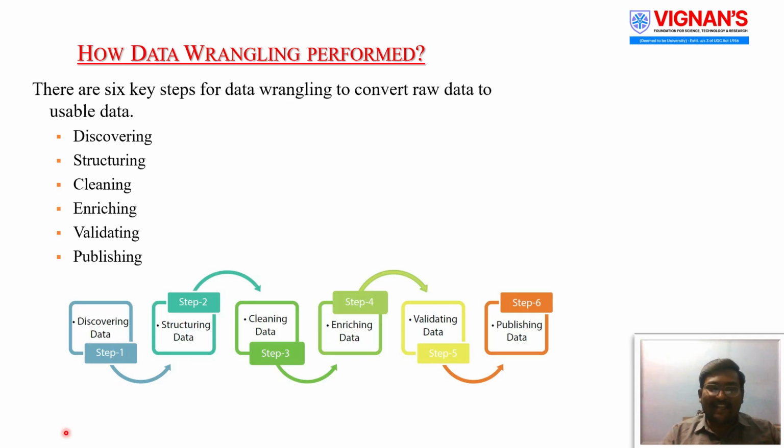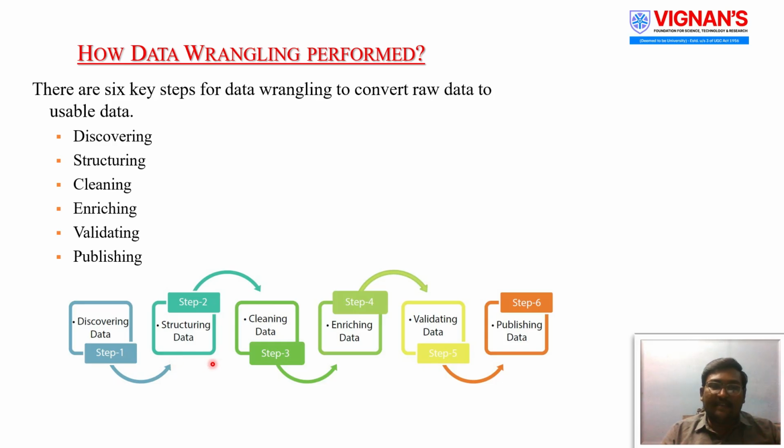There are six key points in data wrangling, from conversion of raw data into useful information. The first step is discovering the data, what we need for the problem. We have to discover in this stage. Then make a structure of the discovered data.